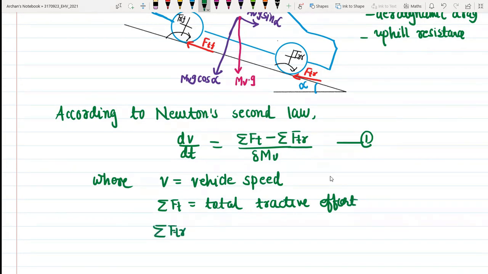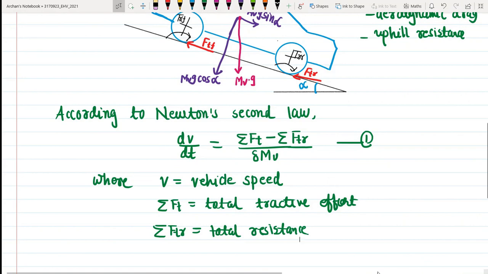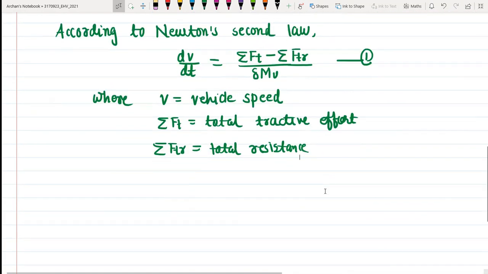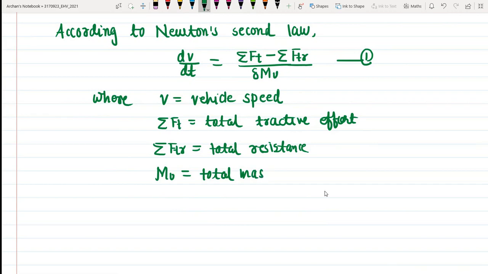Sigma Ftr is the total resistance, right? It includes the tire rolling resistance, aerodynamic drag, as well as uphill resistance. And then there is mv. As we know, mv is nothing but the total mass of the vehicle.